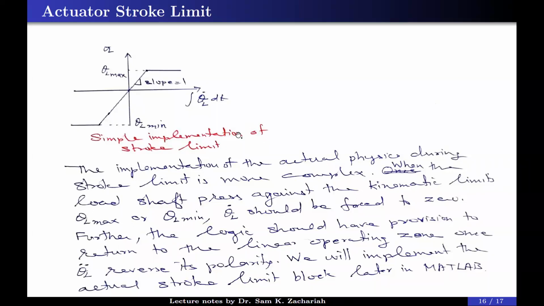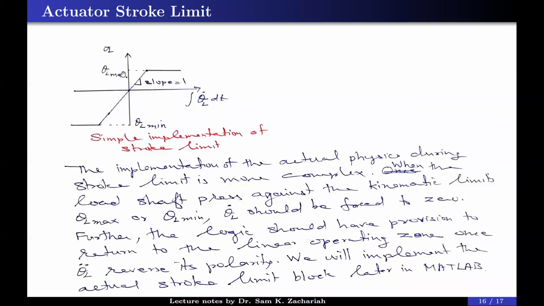In one direction, the elbow can be tilted up to some 150 degrees. It's possible, but in the other direction, it will go to a maximum of 5 degrees or something like that only. So the kinematic limits will be different in general for positive and negative direction.